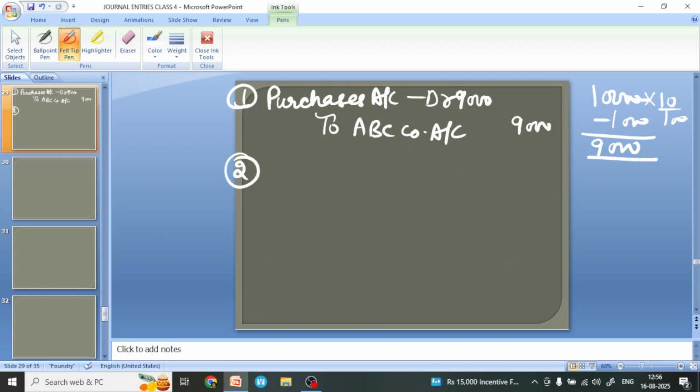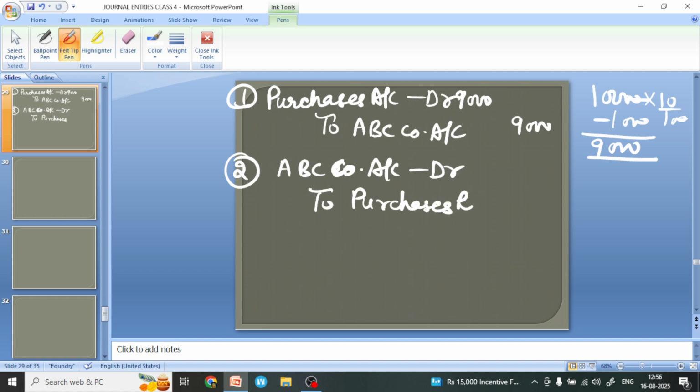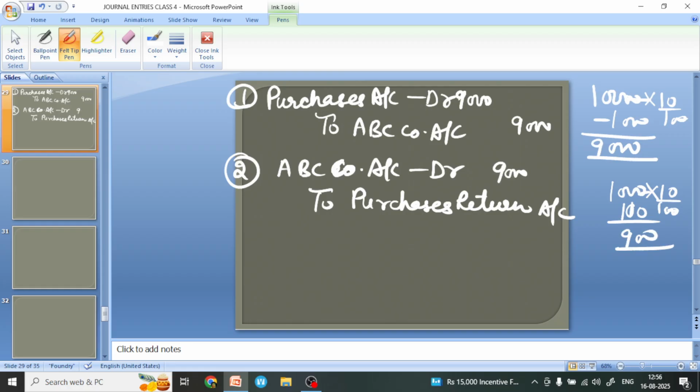Now second entry, return goods to ABC company. ABC company account debit to purchases return account, and goods are list price 1,000. We will subtract the 10% trade discount first, then we will pass the entry. It should be 900. And third entry, paid cash to ABC company.